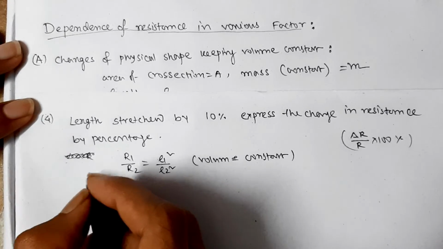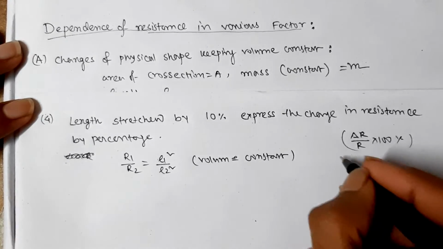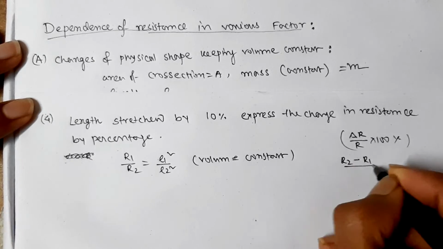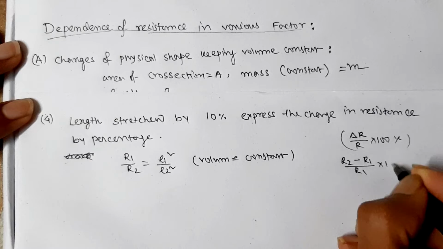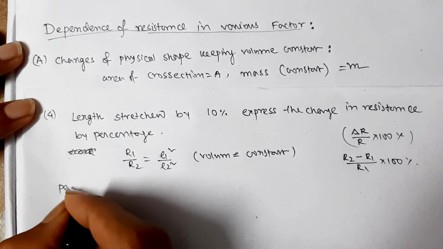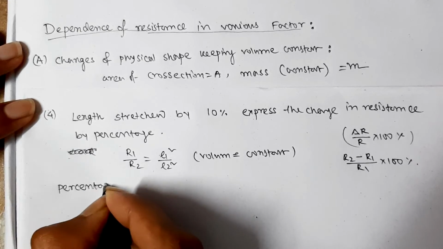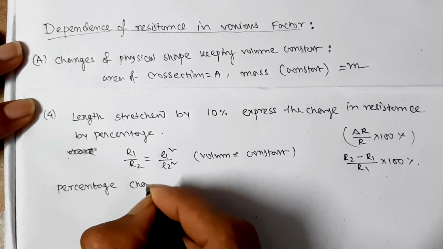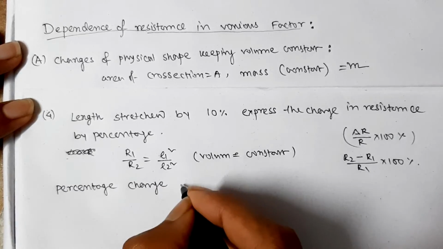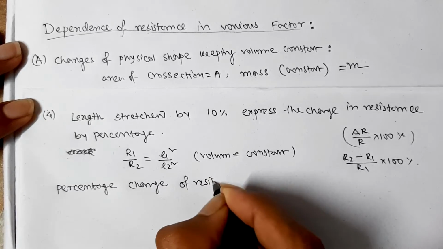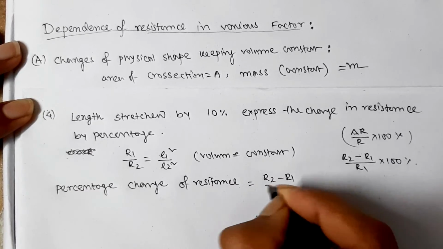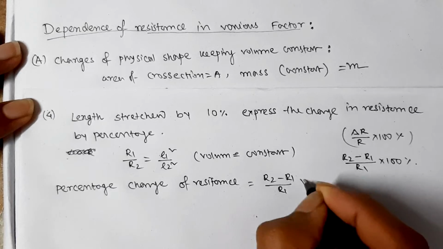Now we should use this formula: R2, the final resistance, minus initial resistance, by initial resistance, into 100%. So percentage change of resistance is equal to R2 minus R1 by R1 into 100%.